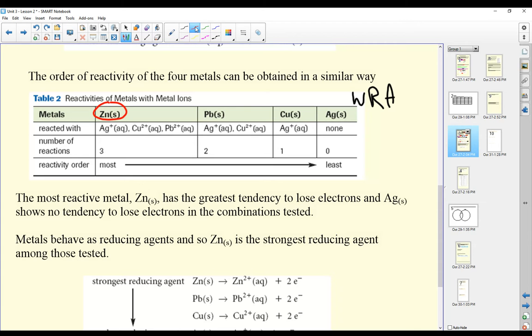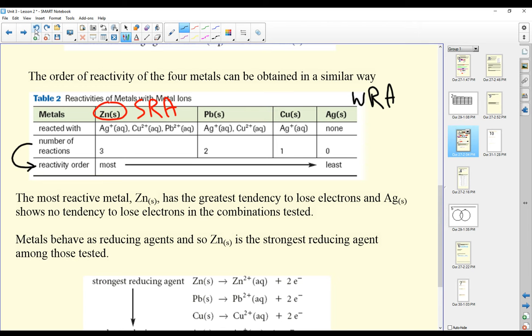It wants to undergo oxidation. So the way it does that is it is our strongest reducing agent. All right. So the reactivity order, it reacts with the most entities, which means it has the greatest reactivity.